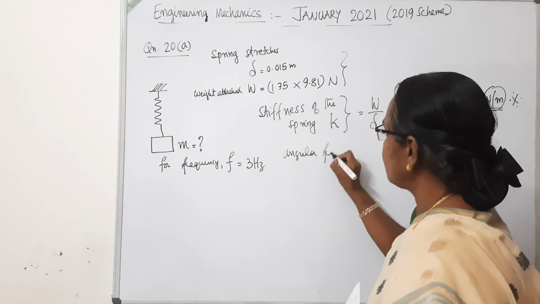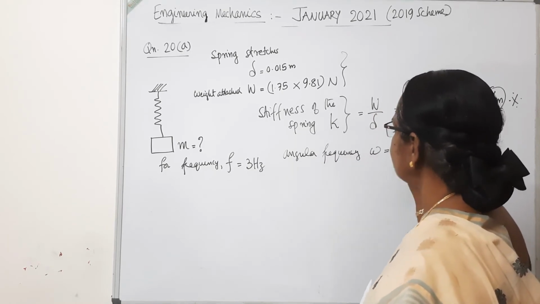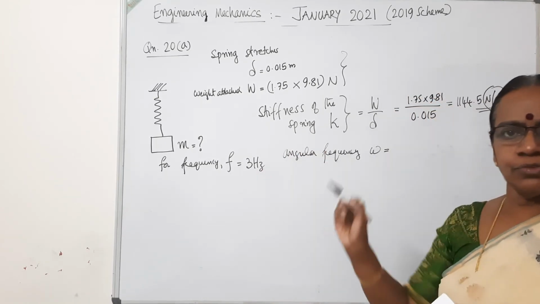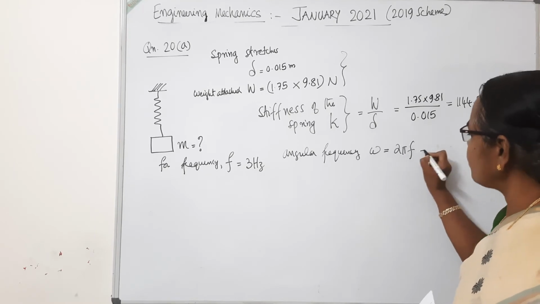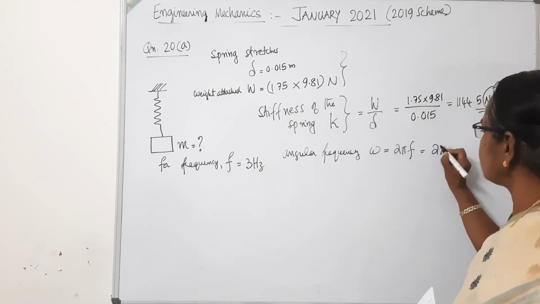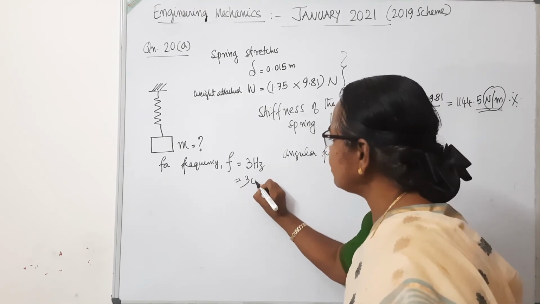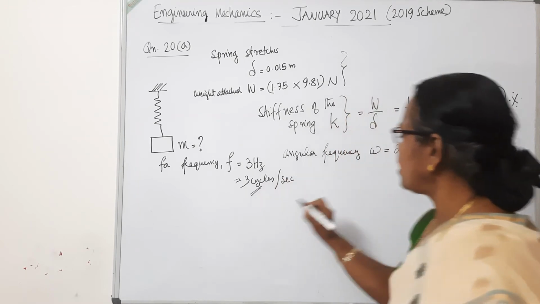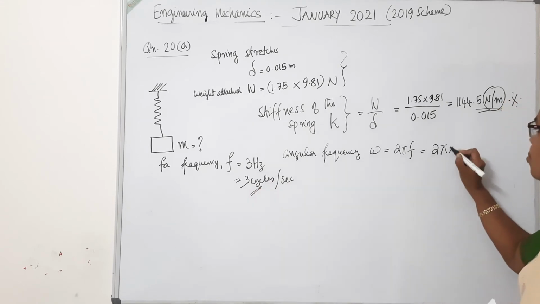Angular frequency omega: 1 cycle is 2 pi radians, so omega is equal to 2 pi f. 3 Hertz means 3 cycles per second, and the cycles have to be converted into radians. So I am making use of 3 into 2 pi.